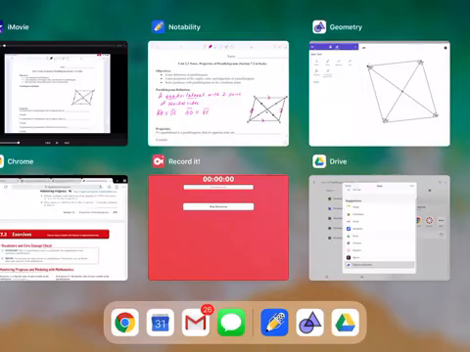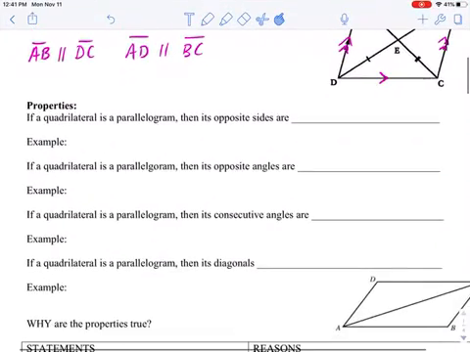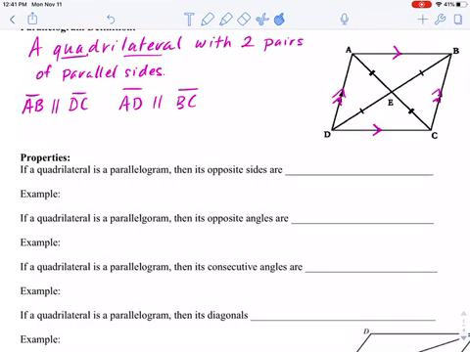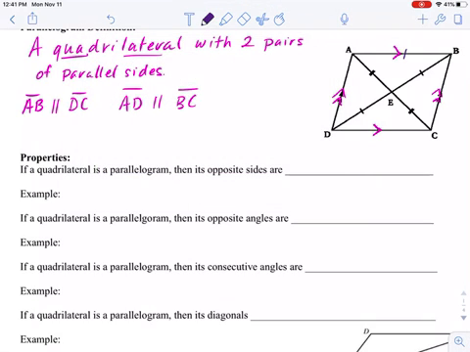So let's record all of this information on our note sheet. So first, if a quadrilateral is a parallelogram, then opposite sides are congruent, meaning that AB and DC would be the same, and AD and BC are the same. They're congruent, and I can write in an example.